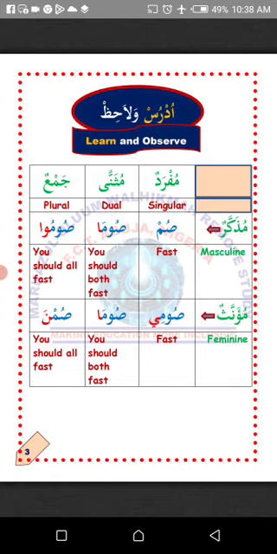Then we talk about mu'annath. Mu'annath, feminine, is a word in Arabic that represents a female person or a female object. Just like the verb sumi can only be used to command a single female person to fast. If they are two, use the same form of the verb, suma, which means you should both fast.